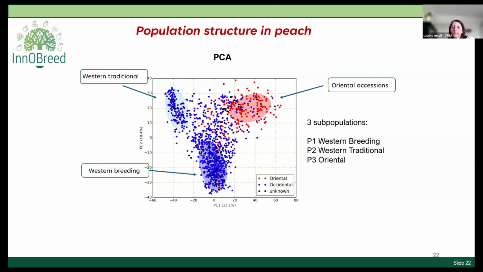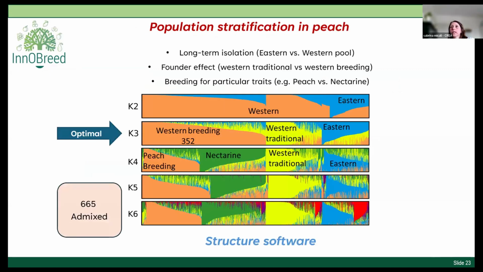And to go into more detail on this structure, we also ran a population stratification analysis through the algorithm implemented in the software Structure, which assigns each individual, represented here as a vertical bar, based on the allele frequency, a membership coefficient to one or the other subpopulation.